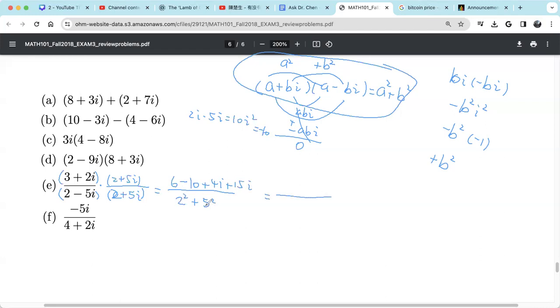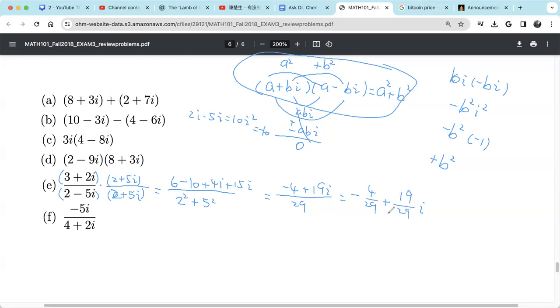So 2 squared is 4, 5 squared is 25, 25 plus 4 is 29. 6 minus 10 is -4. 4i plus 15i is positive 19i. But we want to write it in a plus bi form. So that's -4 over 29 plus 19 over 29 i.